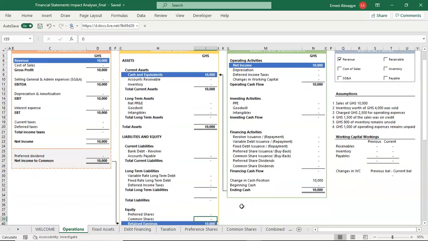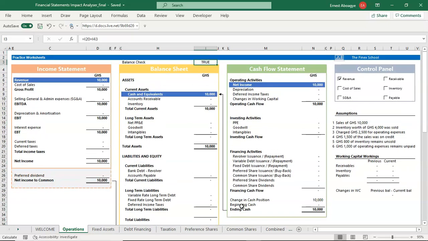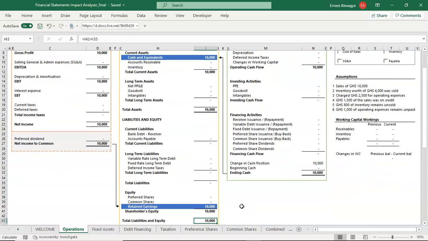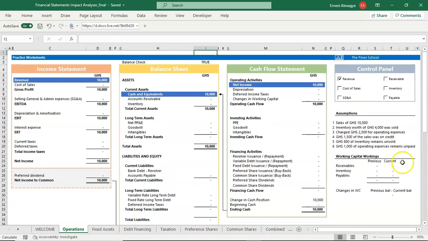So your balance sheet still balances, and you can see that that is true: 10,000 here as our total assets, and 10,000 there as our total liabilities and equity. So let's go on to the second.